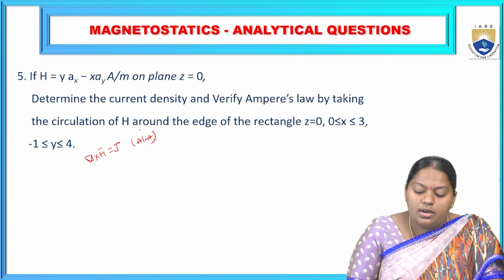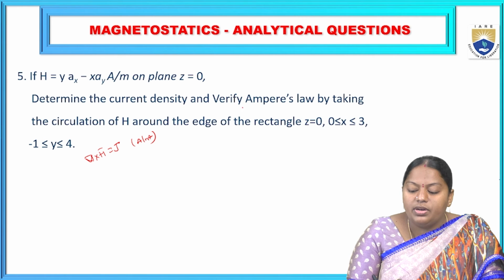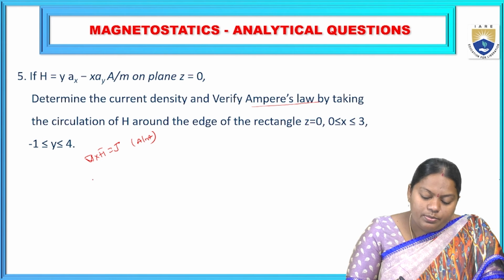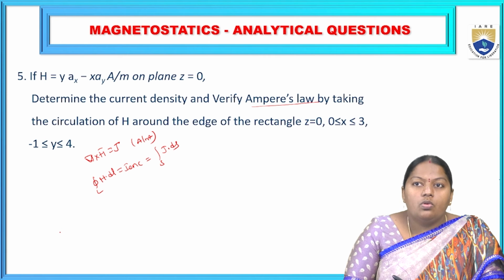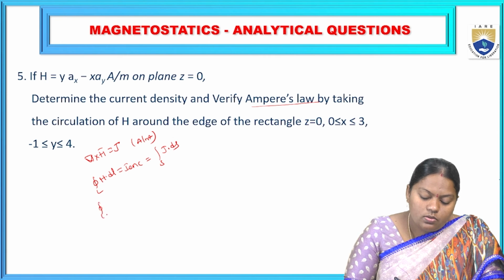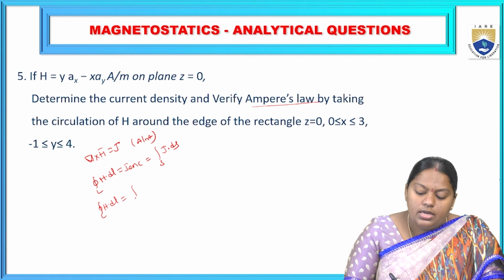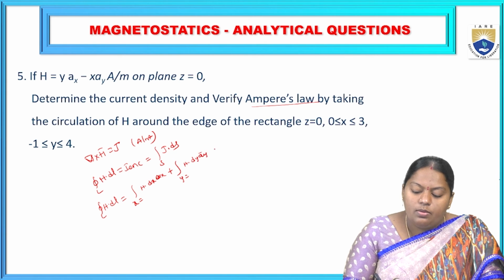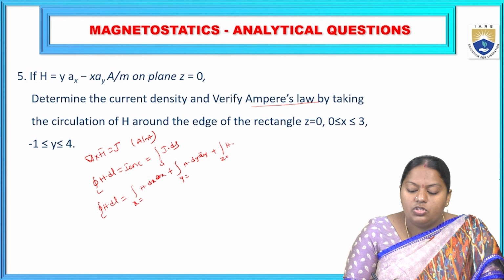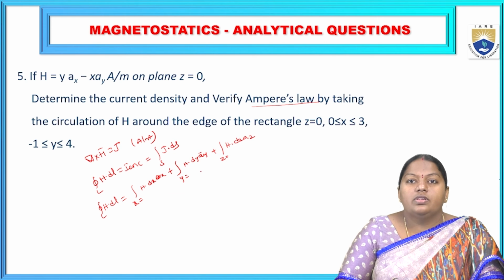Then, for the circulation of H around the edge, we need to verify Ampere's law. The formula is the closed line integral over L of H dot dl equal to I enclosed, which is nothing but the integral over S of J dot ds. So the closed line integral of H dot dl is equal to the integral of H dot dx ax plus the integral of H dot dy ay plus the integral of H dot dz az, which we are supposed to evaluate.